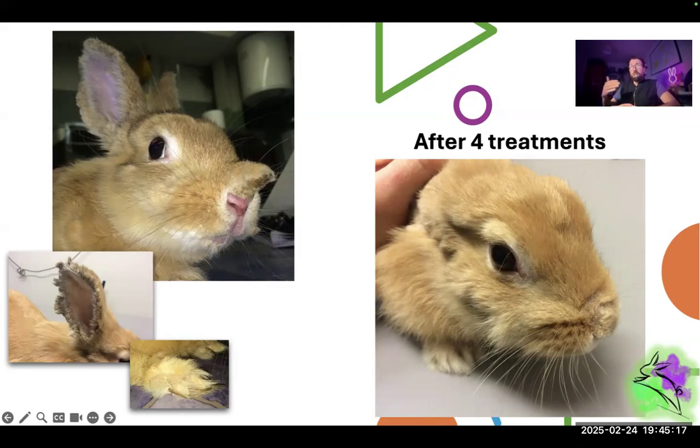Very often, and especially with mites, the treatment could be quite tricky. This means that, especially in this case, we have to treat the rabbit for a total of 4 doses, 7 days apart from one another. So you cannot expect a miracle from a single administration.